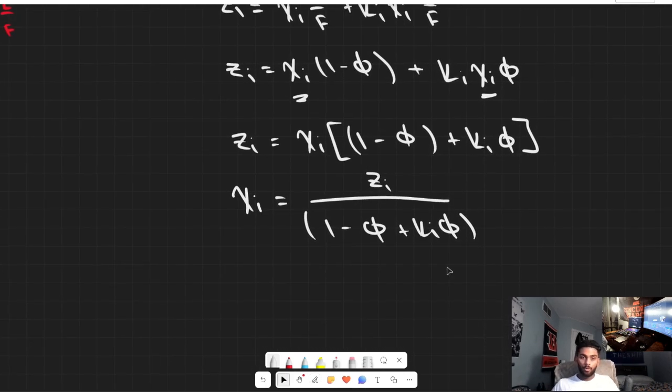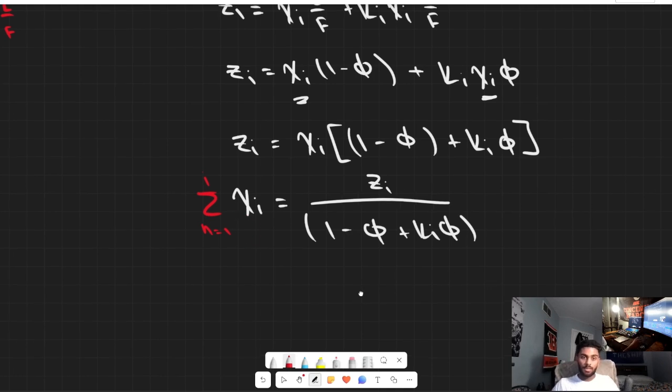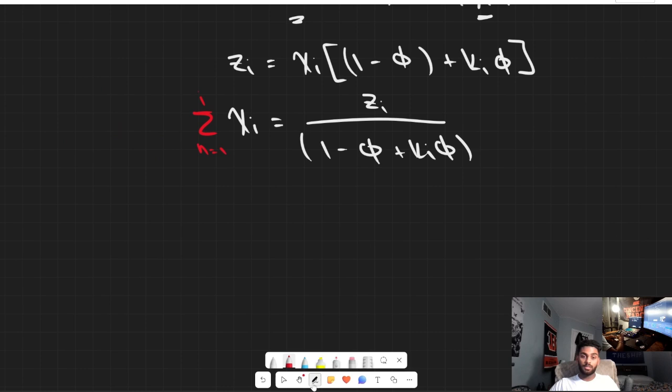Now, something that we know is that if we sum up all the liquid phase mole fractions of all components I, so from n equals 1 to I, something like that, simply this side just becomes 1. The sum of all of these mole fractions should equal 1.